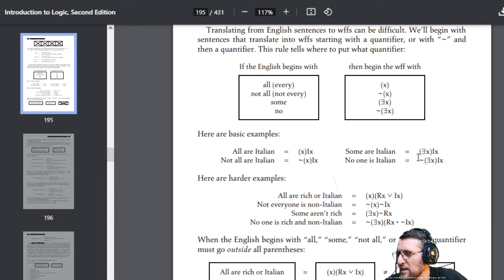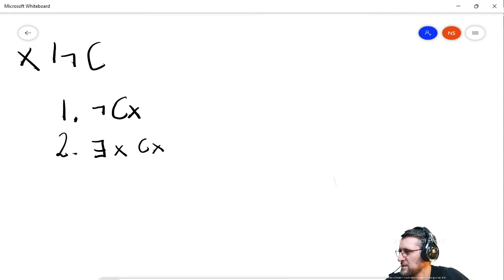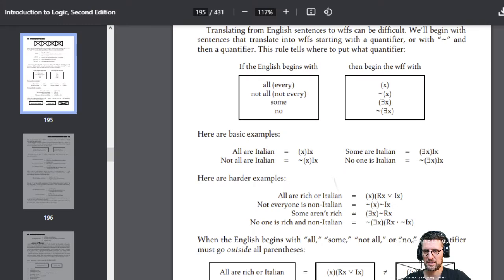No, I should actually write it in brackets like this. That is the trick here. So let's do it the right way. I should actually write brackets around here, and then we have there exists an X so that C is X. Let's look at the next task.